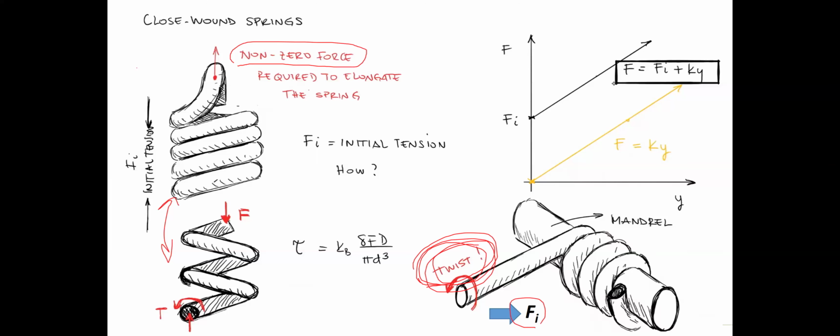Also, for this mandrel rotating, we have the bending, as I mentioned previously. So the initial tension is applied to the spring even without any external force. And what is Fi, and what is the shear stress with this initial tension?